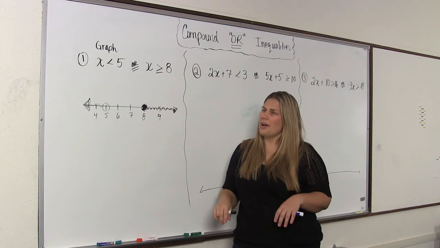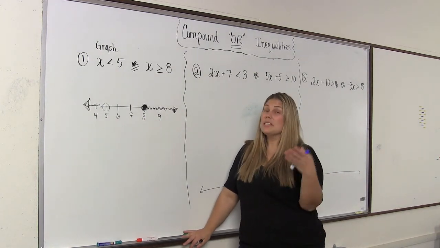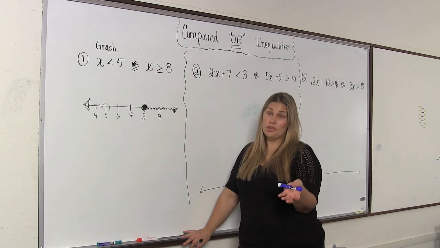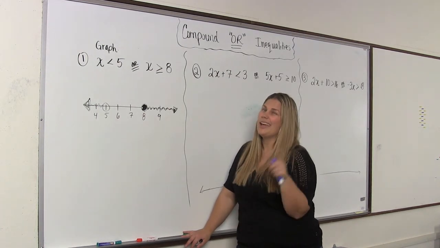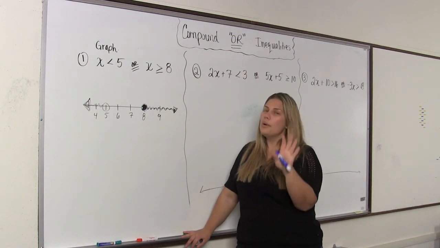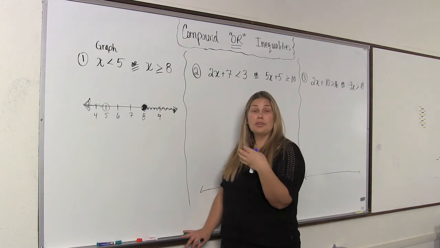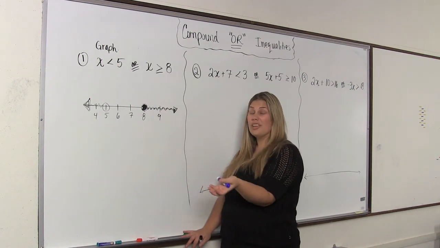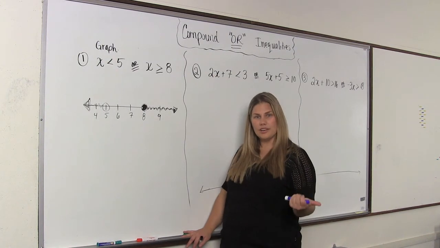And I know some of you ask, well, when would we ever see this in the real world? Well, sometimes when you go to a restaurant, you can order off of a kid's menu if you're 12 or under. I know some of you lie, but let's just say we're following the rules. You can order off the kids menu if you're 12 or younger. But you know who can usually also order off the kids menu? Seniors.